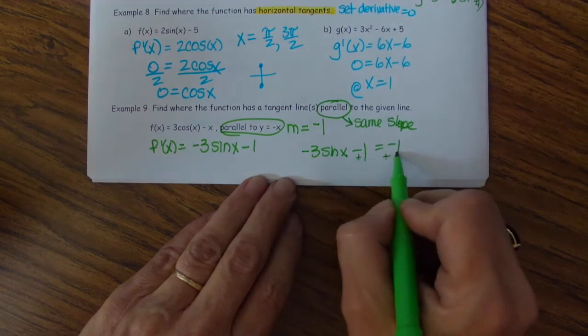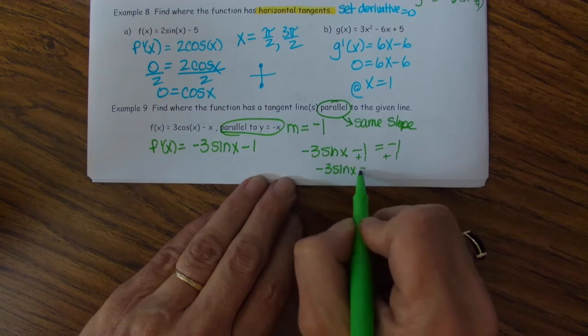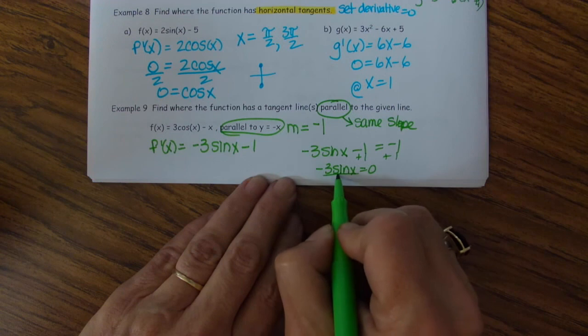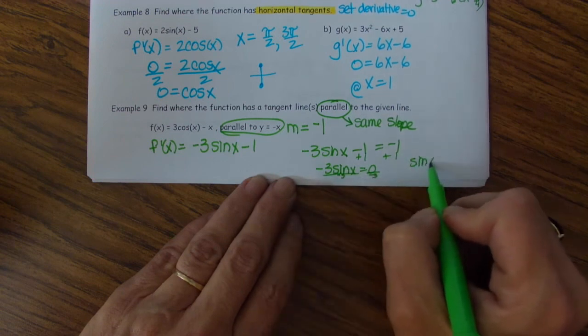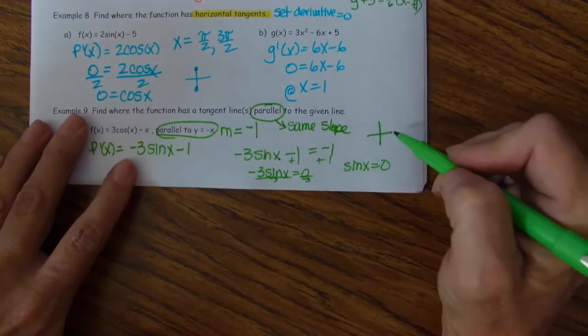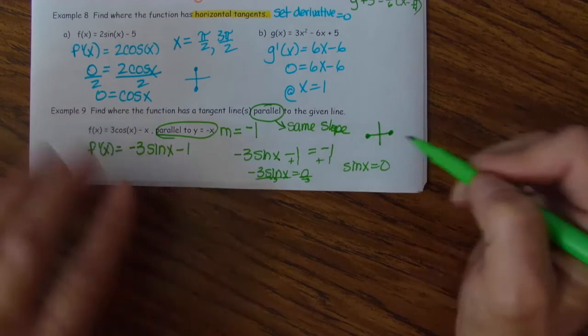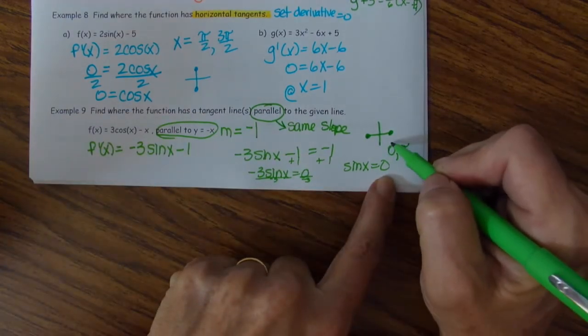Add 1 to both sides. We have -3 sine x equals 0. We could divide both sides by -3, and sine x equals 0. Where does sine equal 0? Here and here. So we're going to call it 0 and pi.